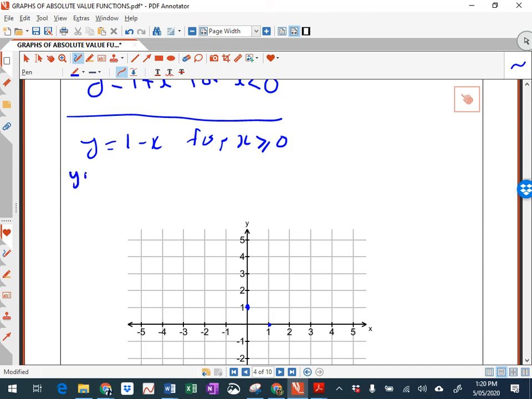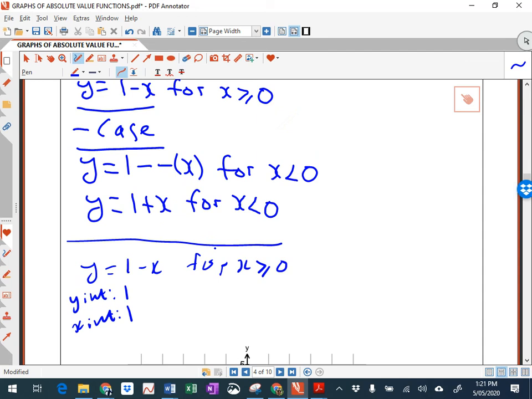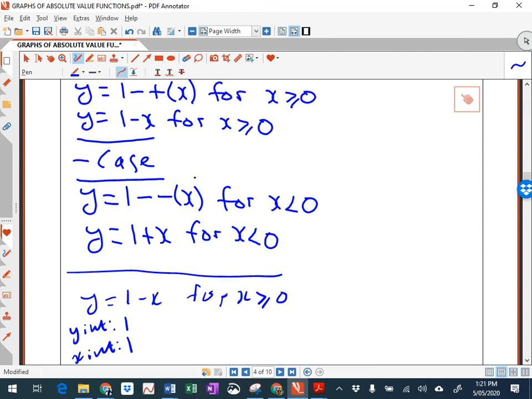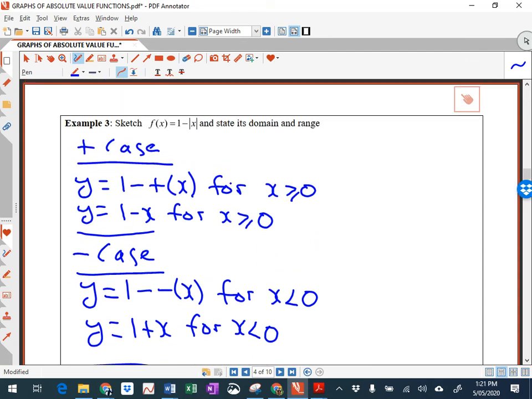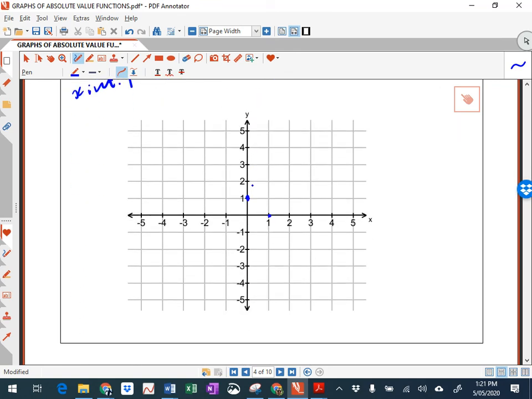So y-intercept is 1, x-intercept is 1. Now, I'm going to sketch that for x bigger than or equal to 0. Okay. Now, x bigger than or equal to 0, if you think about it, you're going to get your ruler and line it up.